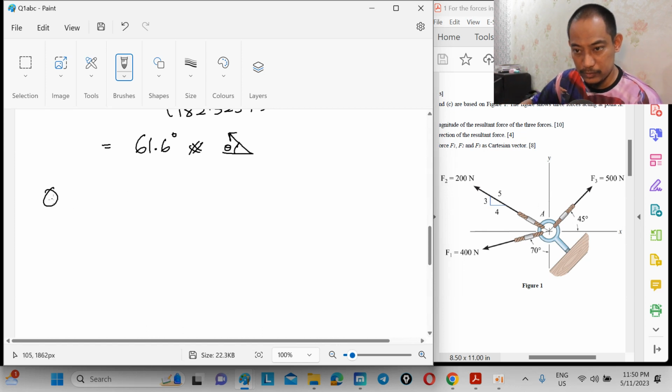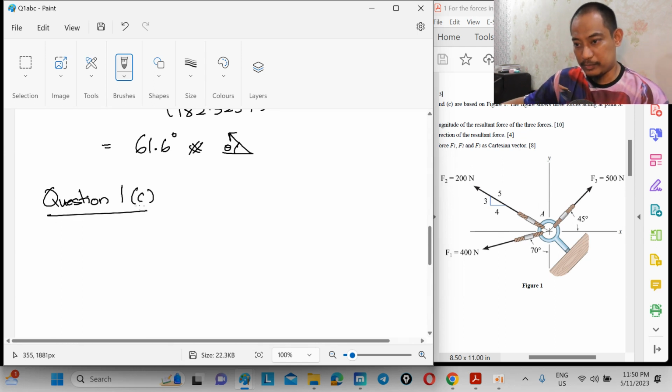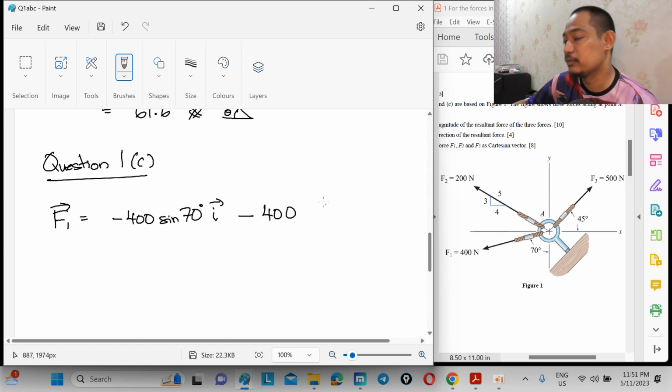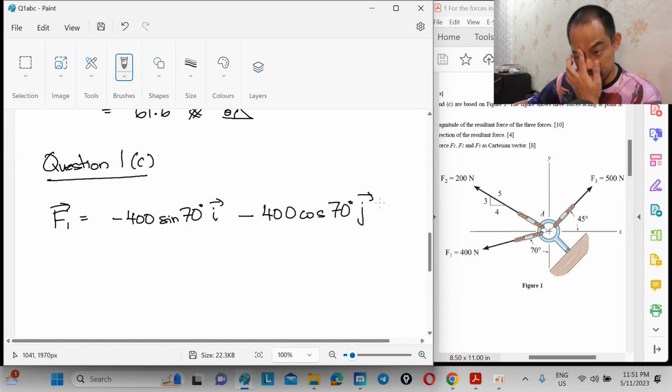So question 1C. Let's express each as a Cartesian vector. F1, to the left, so minus 400 sine 70 degrees I, and then downwards minus 400 cos 70 degrees J. Of course, it doesn't have any K value because it is 2D.